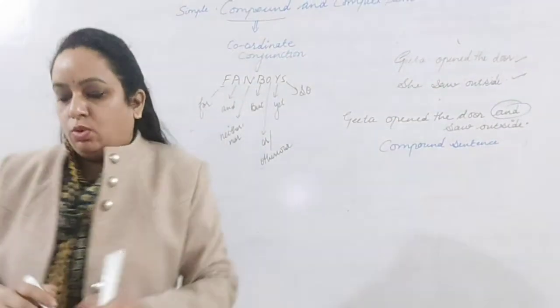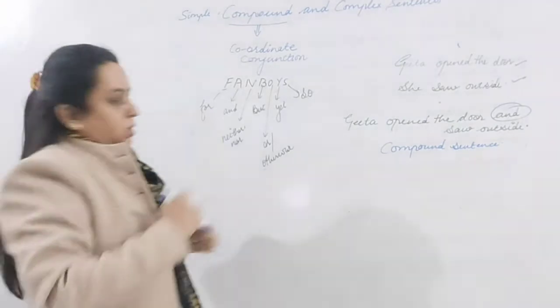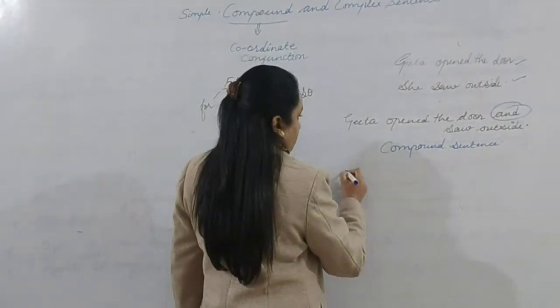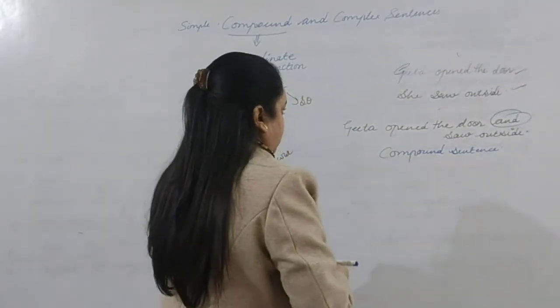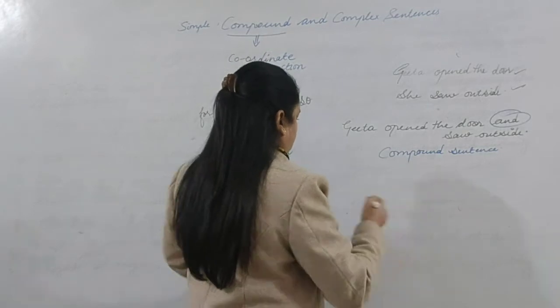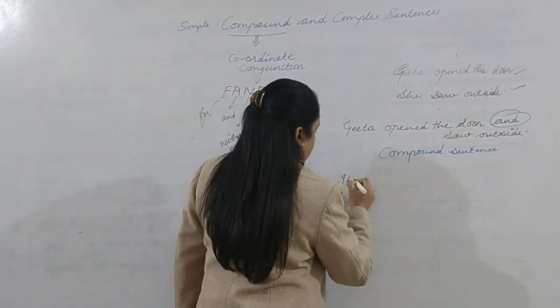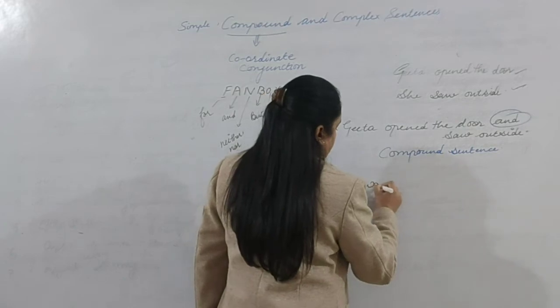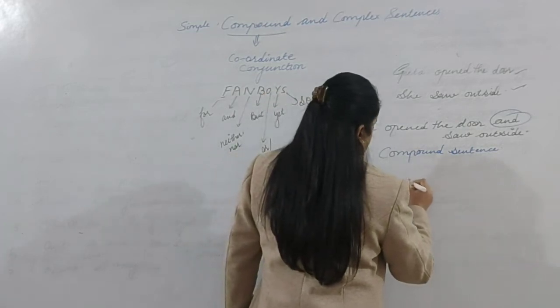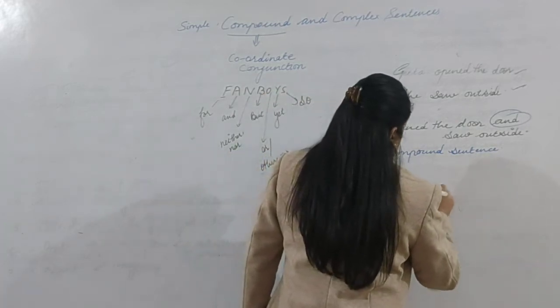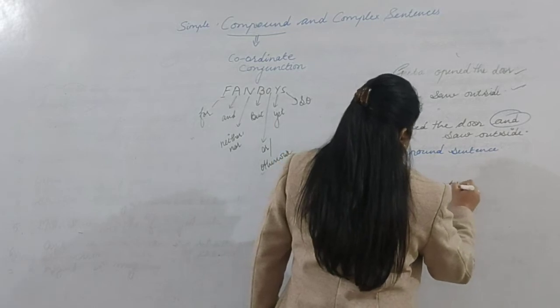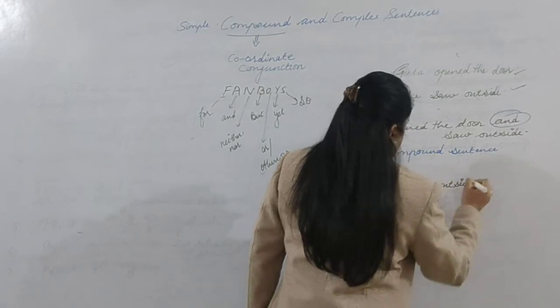Let's work on some more sentences. One more sentence I am writing here. It was raining outside.